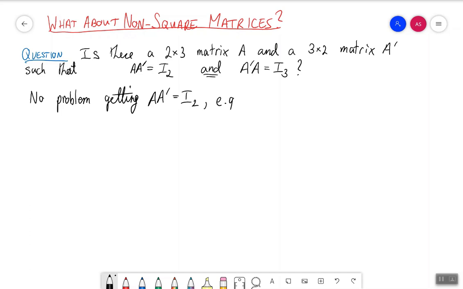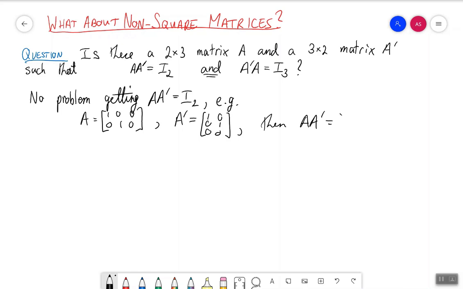For instance, if A equals [1, 0, 0; 0, 1, 0] and A prime equals [1, 0; 0, 1; 0, 0], then A times A prime is [1, 0; 0, 1], which is the 2 by 2 identity matrix.